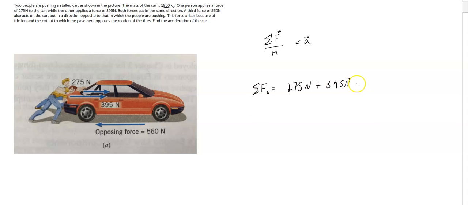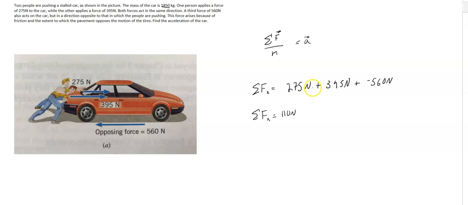And then we're summing, so I like to add a negative 560 newtons because it's in the opposite direction, right? Add these up on a calculator, and you're going to get that the sum of the forces in the x direction equals 110 newtons.